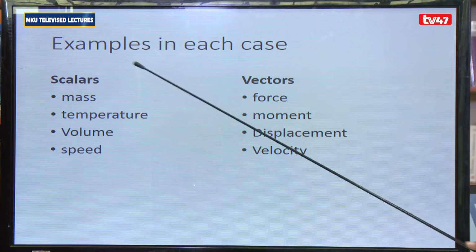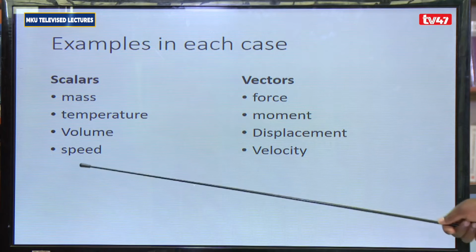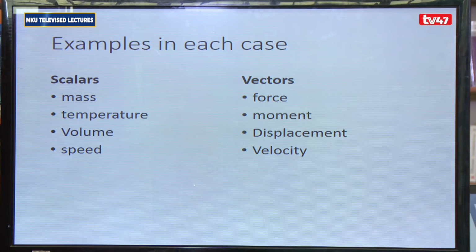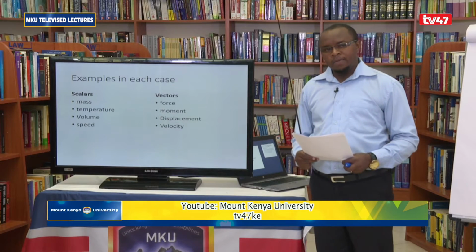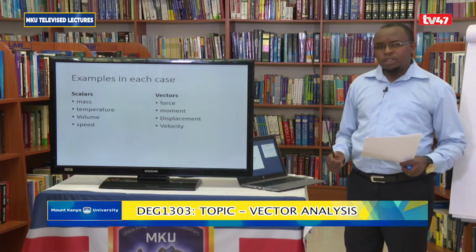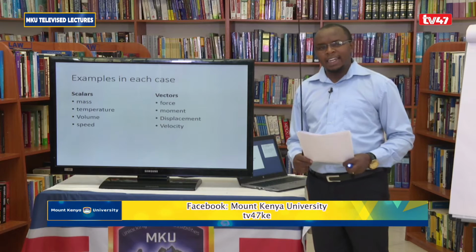Remember, I have said that scalars are only those which are defined by just the magnitude, and the vectors are those which are defined by magnitude and direction. If I give an example with speed and velocity, and I say that I am moving at 40 kilometers per hour, that information may not be very helpful to someone who wants to know where exactly I am.